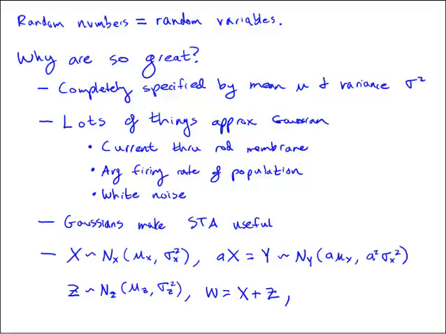If w is the sum of two Gaussian random variables, then w itself will be Gaussian distributed with mean mu x plus mu z and variance sigma x squared plus sigma z squared. So if your building blocks are Gaussian, then the things you build out of them will be Gaussian as well, and they will have means and variances that you can figure out right away.